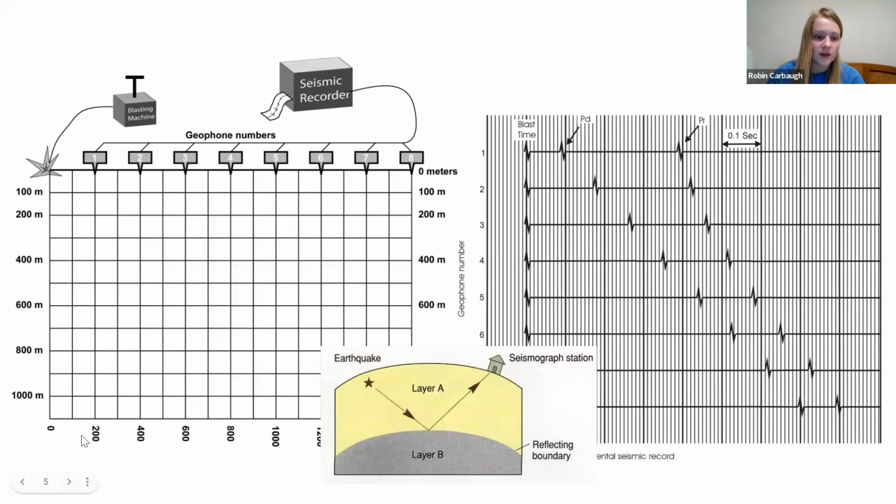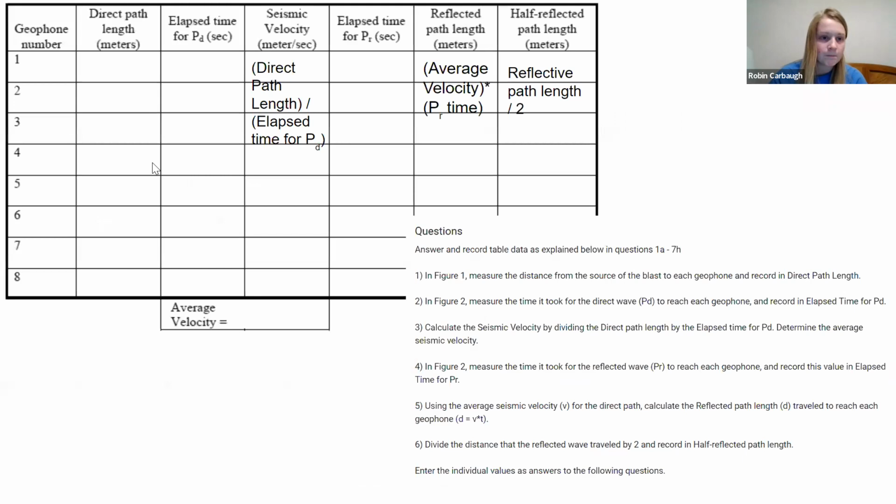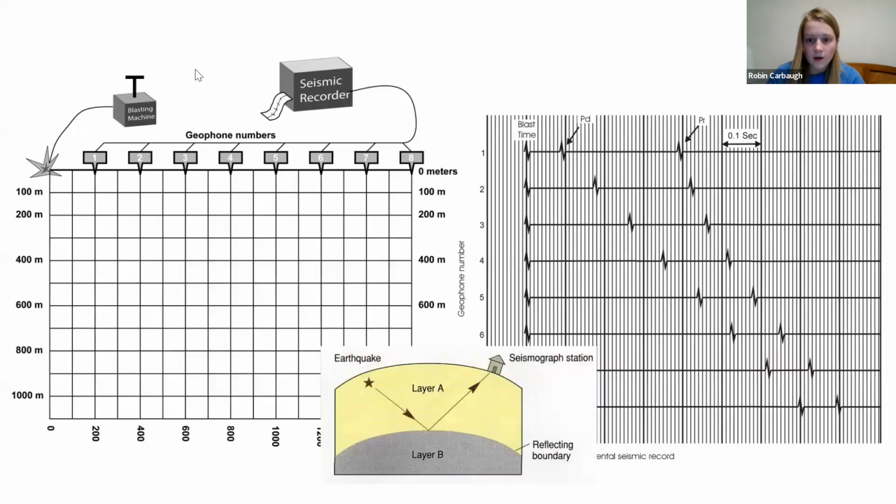Geophone 1 is 200 meters, geophone 2 is 400 meters, and so on. The elapsed time for PD, that P wave direct time, we get from figure 2, wherever it peaks, and just try to be as exact as you can.